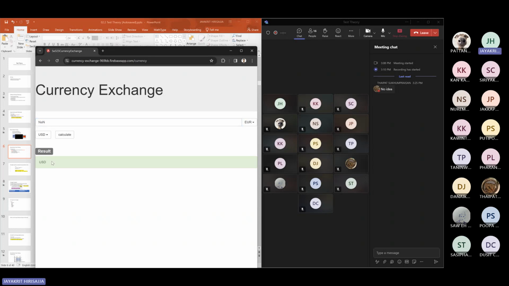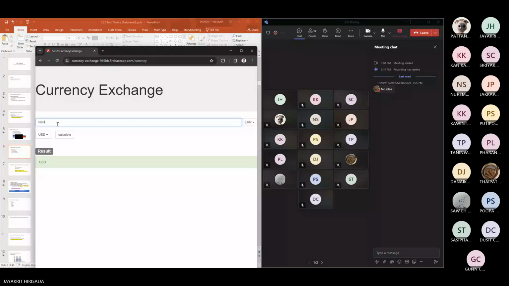So if you want to test this website example, if we input a number, we should get a number. And if we input something else, it should not display anything, and the input value should be converted into NaN and shown here. That is two tests, two ideas of equivalent class, right?